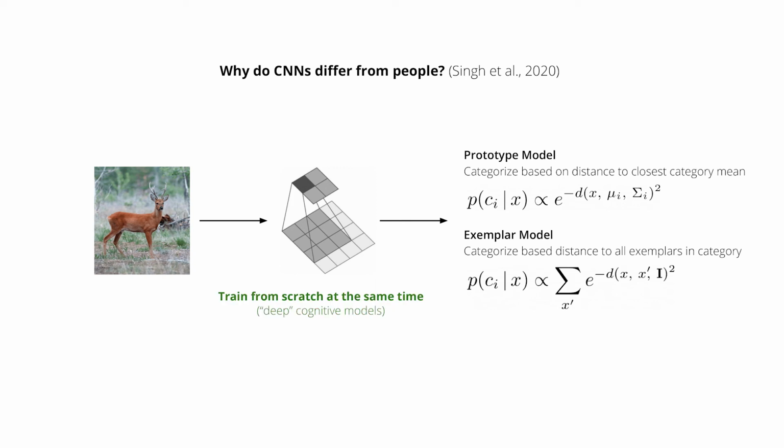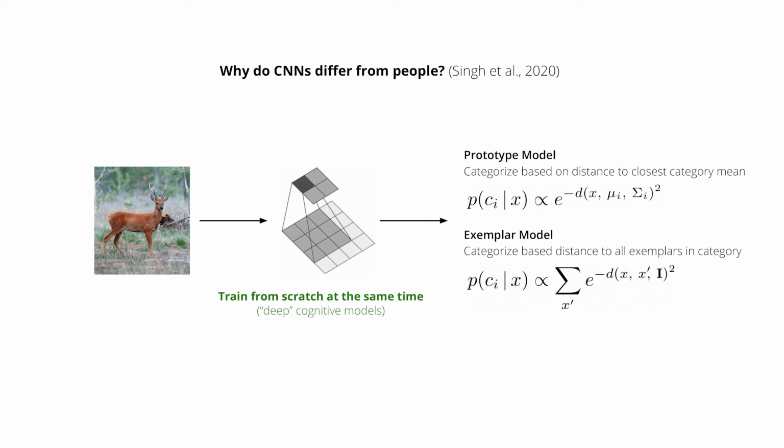To remedy this, we trained a set of CNNs to learn representations from the ground up that can support cognitive models. In particular, the final linear classification layer of standard CNNs was replaced by either a prototype or an exemplar model. During training, error is backpropagated through the categorization model and through the CNN, learning a set of features that best supports each proposed cognitive strategy.